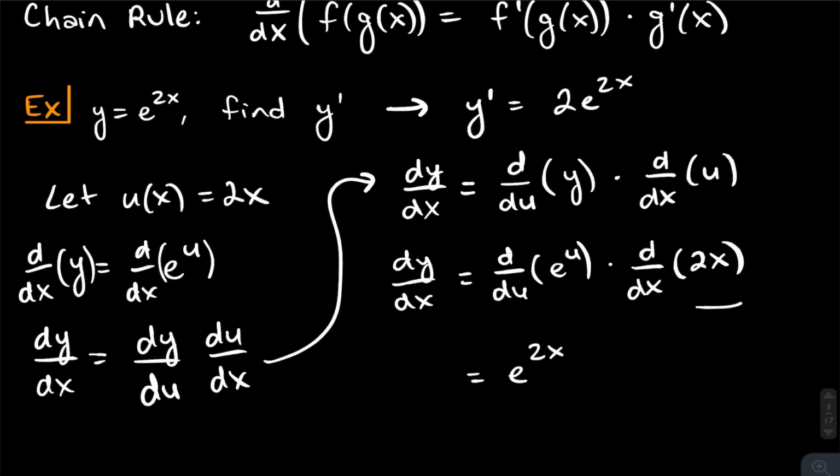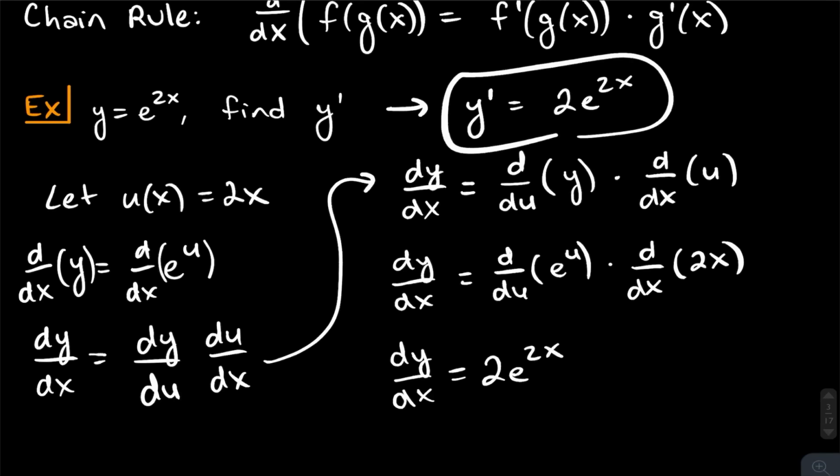And then the derivative with respect to x of 2x, well, that's just going to give us 2, right? And so we'd have times 2. You could write that as, I could erase this whole thing and write it as, instead, dy over dx equals 2e to the 2x, right? And that's exactly what we got up here.